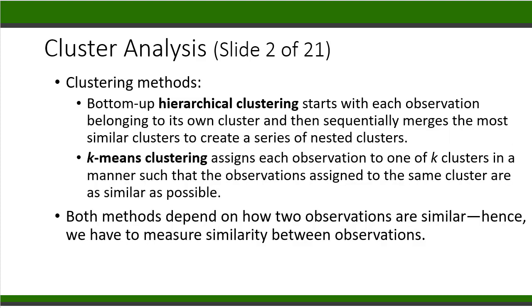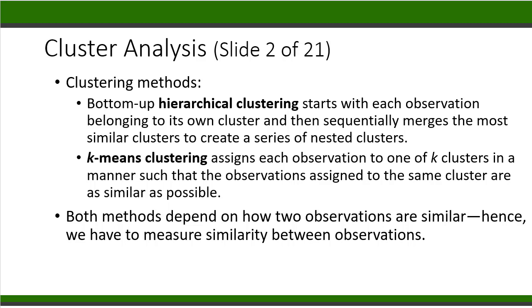So the different clustering methods that we have: hierarchical clustering. So we start out by looking at one observation, so that's one record, and it belongs to its own cluster. And then we merge it with the most similar clusters to create a series of nested clusters. So we find something that's similar to that, and it's similar to something else, and so on.